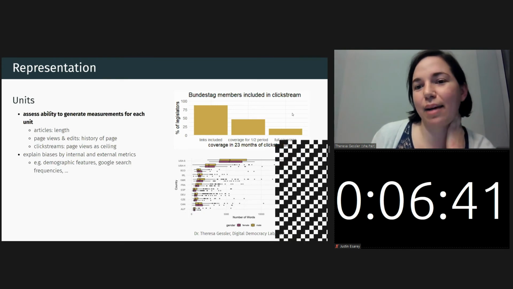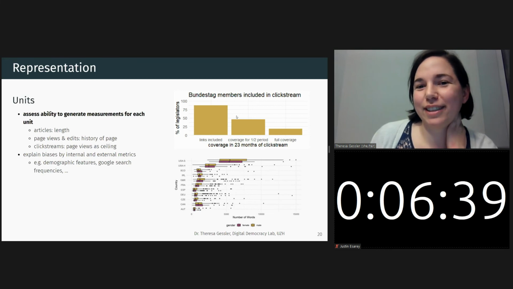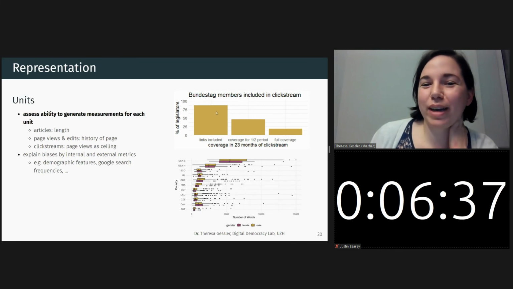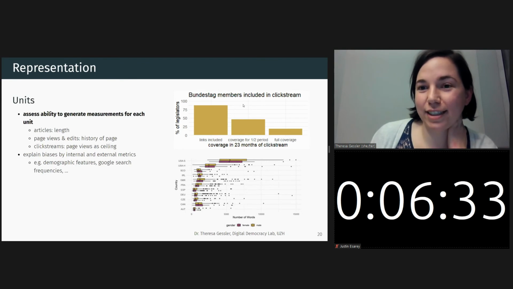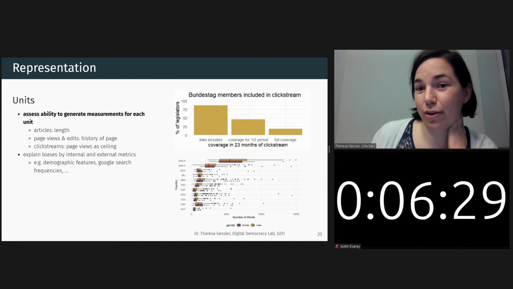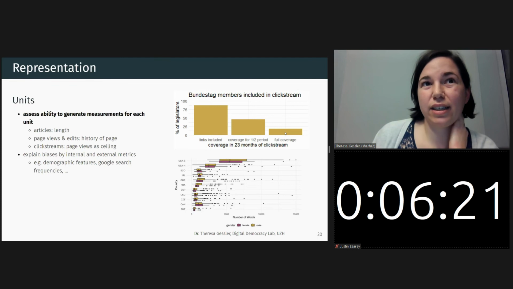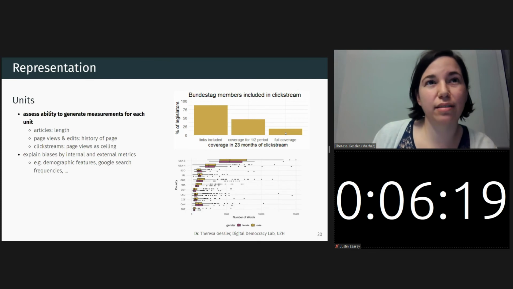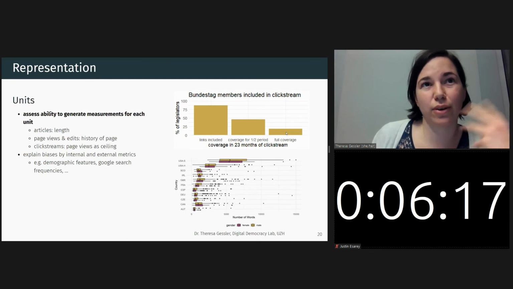And here, for example, I included a quantitative overview of how many of the members of parliament in the Bundestag, so the German legislators, are included in 23 months of clickstream at all. But for many, we don't have coverage for each of the months. So only about 18% are included in each month, just because most politicians are not prominent enough for us to have comprehensive coverage.